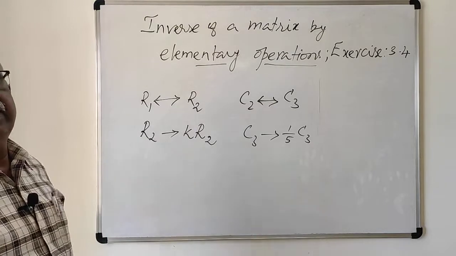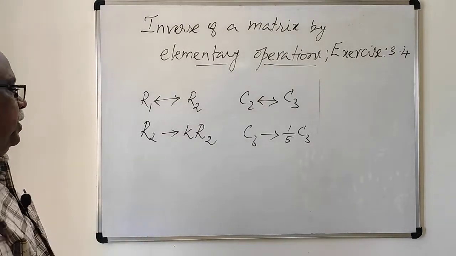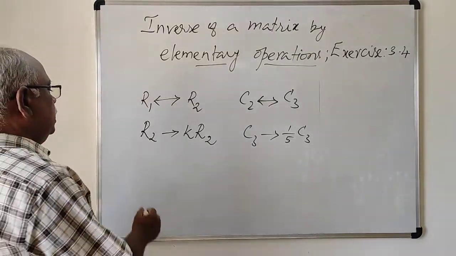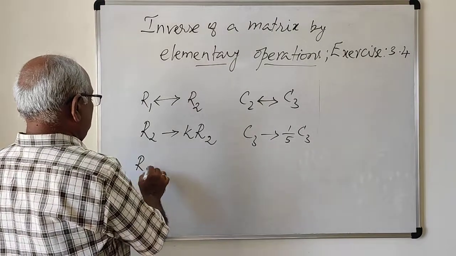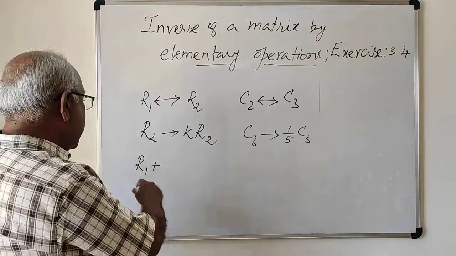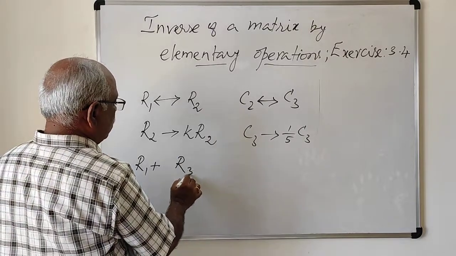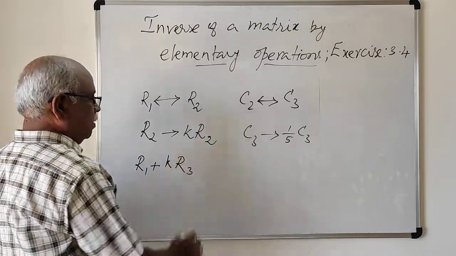That is the second rule. And the third transformation is that the elements of any row or column are added with the corresponding elements of some other row multiplied by a non-zero real number.